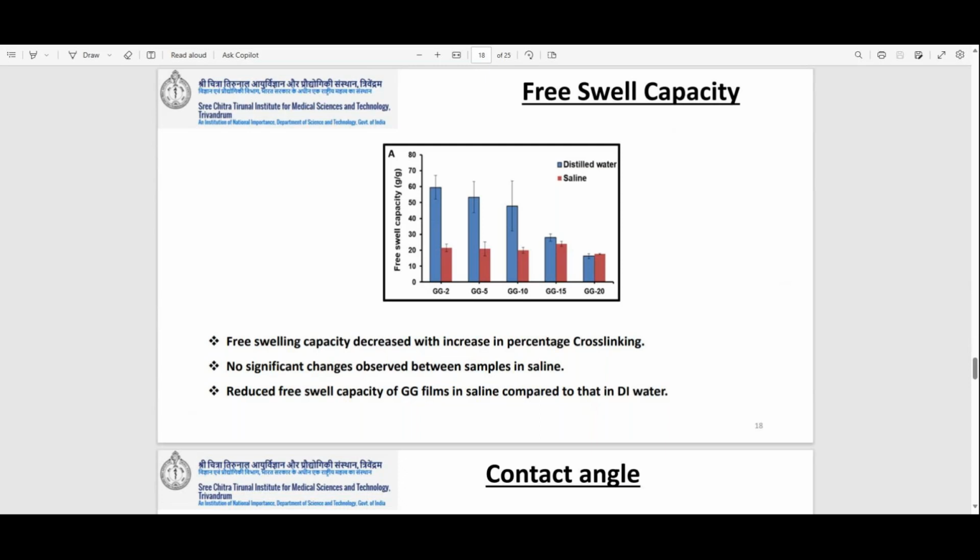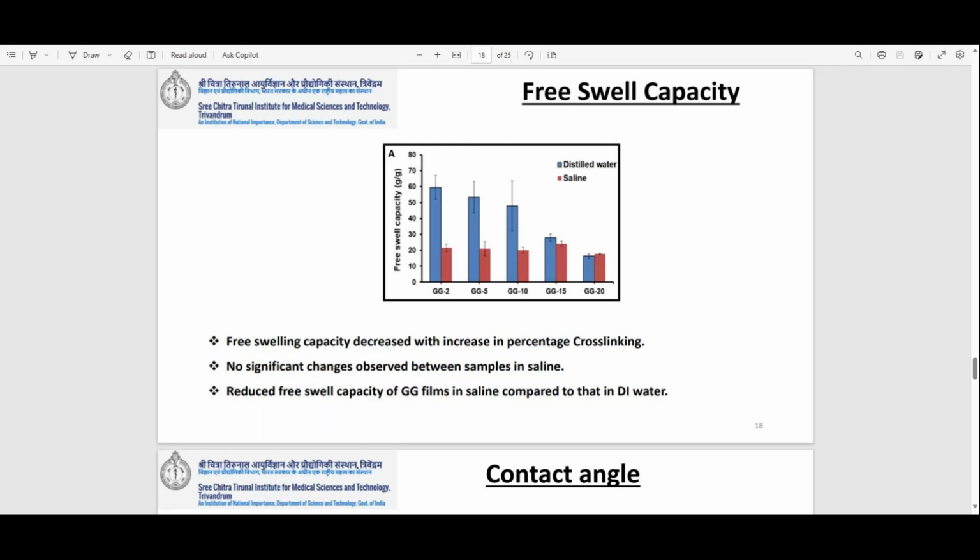We can see that as the cross-linking increases, the swelling decreases, and that is expected. In the case of saline, there are no significant changes in the swelling characteristics.